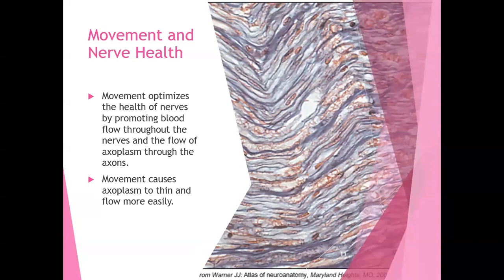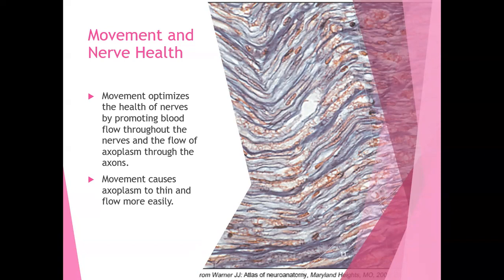If you never drive the car and you just let it sit there, the oil just kind of gets gloopy. It's the same thing with your axoplasm. If you never move and you don't stretch your nerves, your axoplasm gets gloopy and it doesn't flow as well. That's my analogy for the day. So normally the fascicles glide within the nerve, and the nerve glides relative to other structures.